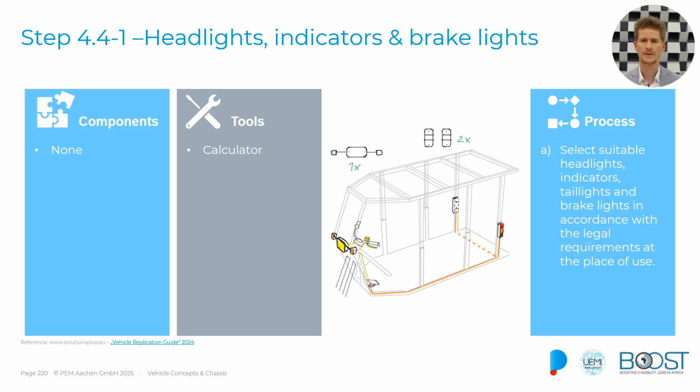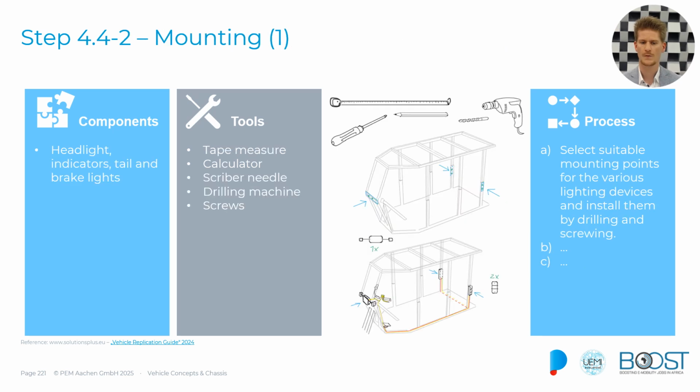Then make the right choice from products available on stock. So let's move on. The mounting of the headlights is something where you need a tape measure, calculator, scriber, drill, and some screws, and select the suitable mounting points. Please again check the legislation requirements, because sometimes they make some notices about where they have to be installed.